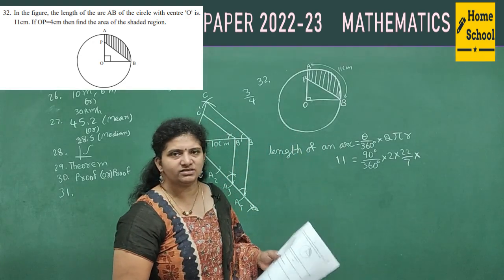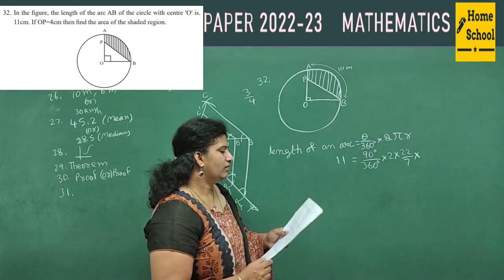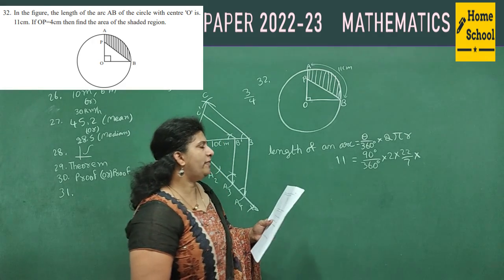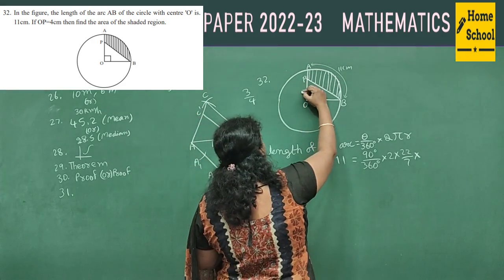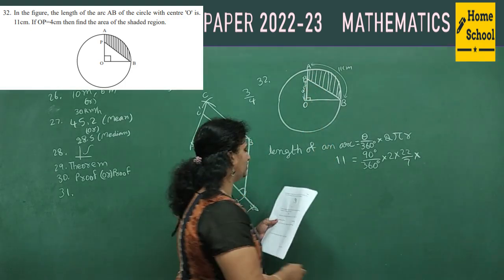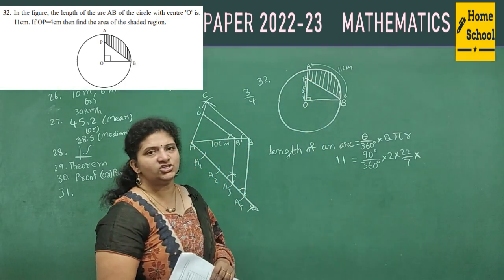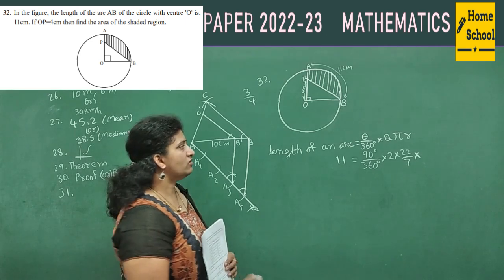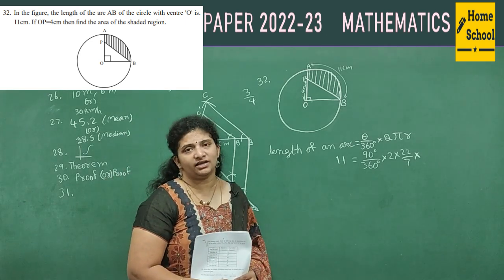Where is the radius? Let's read here. If OP is equal to 4 centimeter, see this OP from here to here is 4 centimeter, then find the area of the shaded region. So how can I find this radius?